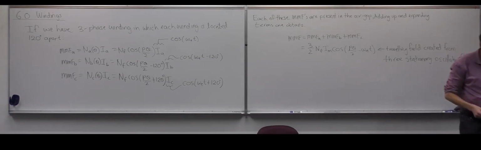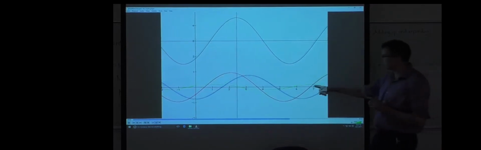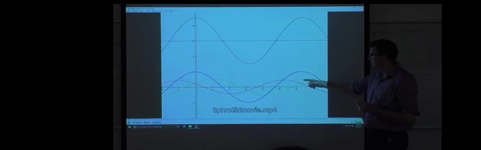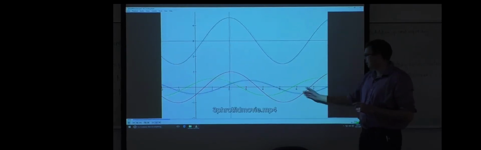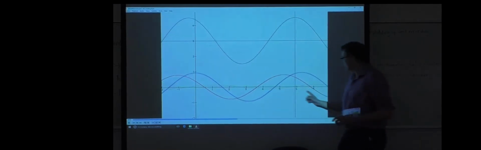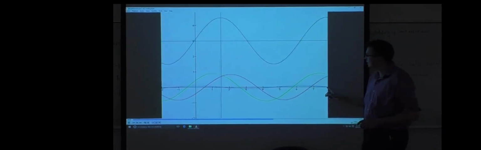So let me show this video. I never get tired of looking at it, so hopefully I can get this to work. This is the 3 phases, from 0 to 2 pi here.